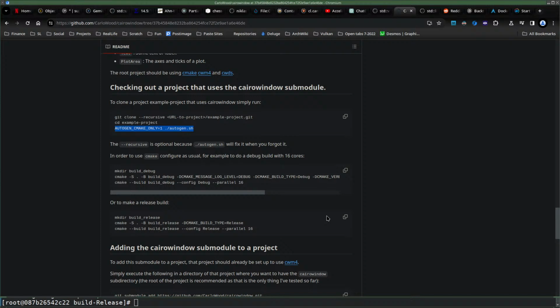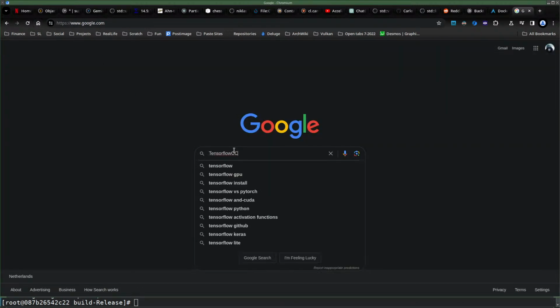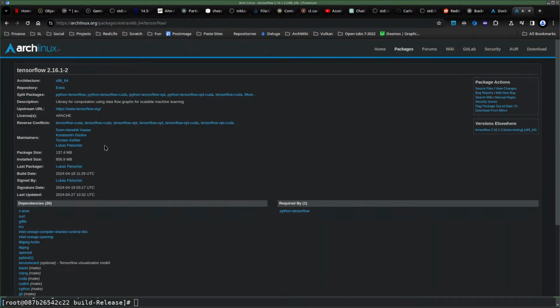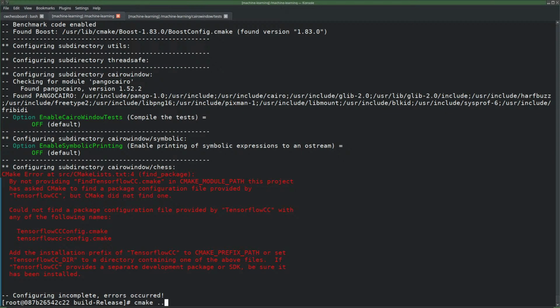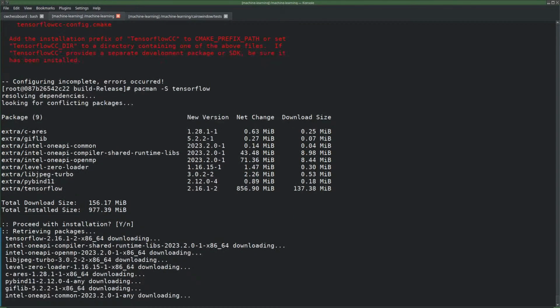As a package in Arch. Oh, we do. TensorFlow, it's just here. Shall I install this? Is that not going to happen? Help, I mean. TensorFlow. Just exists. Let's try it.